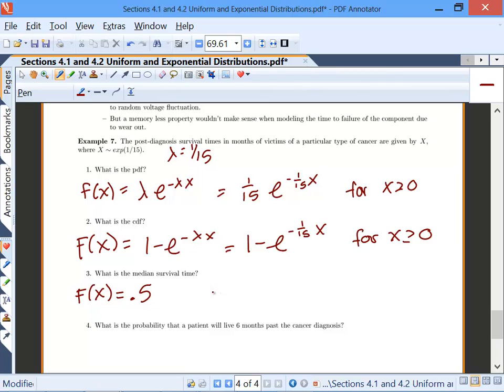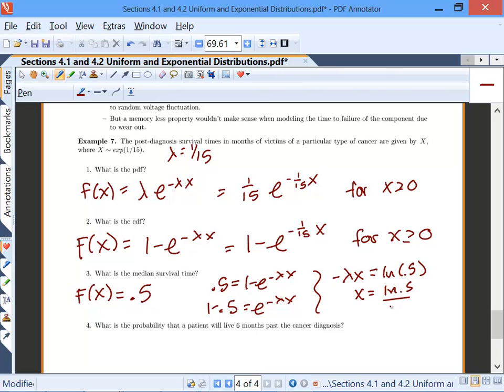So we have 0.5 equals 1 minus e to the negative lambda x, or 1 minus 0.5 equals e to the negative lambda x. So negative lambda x equals natural log of 0.5, and x equals natural log of 0.5 over negative lambda. And we know what lambda is.